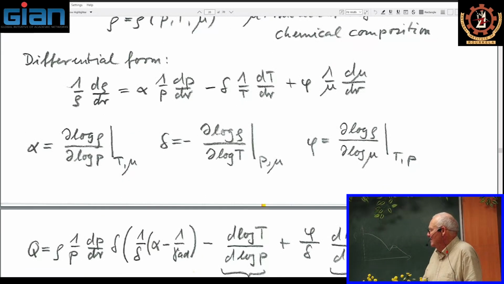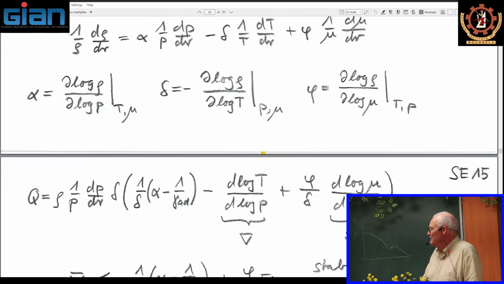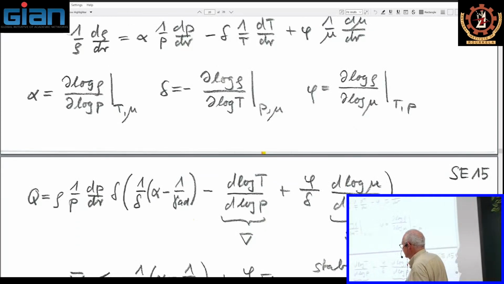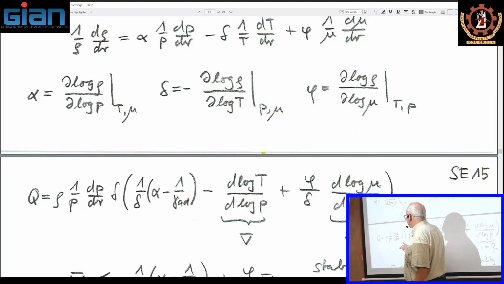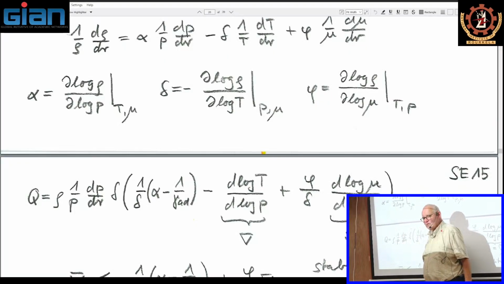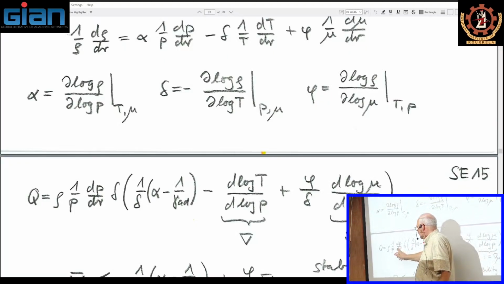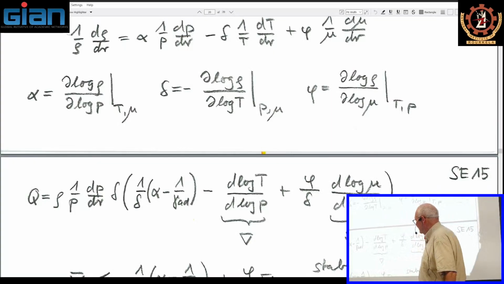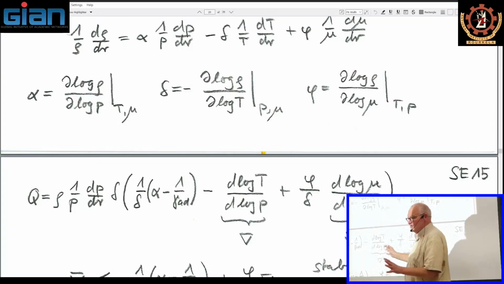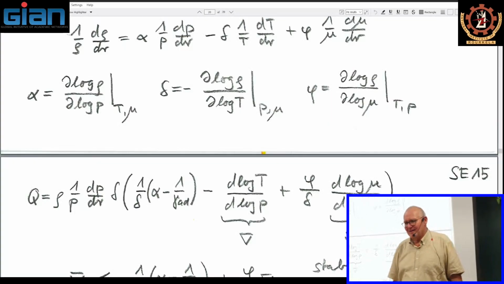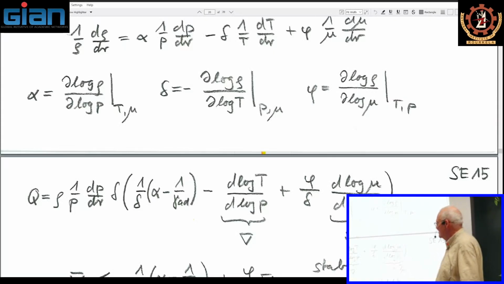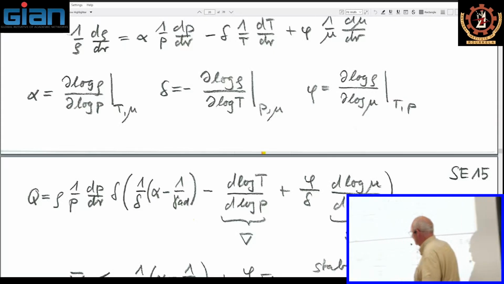Okay, then our quantity Q, which controls the stability, might be written in the following form. We take the logarithmic pressure gradient out of the brackets, we take the density out, and we take the delta out of the brackets. Then we are left with, well, this is simple algebra. If you want to convince yourself, you can do this simple algebra yourself.